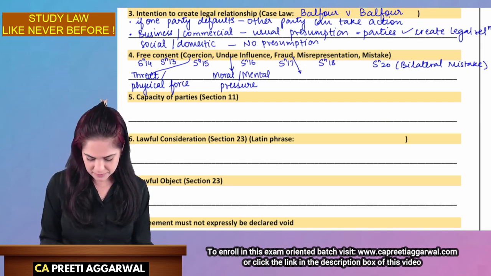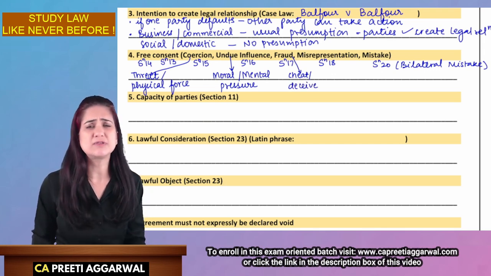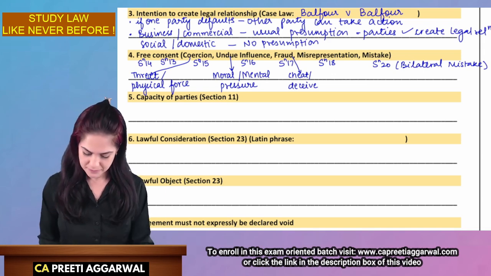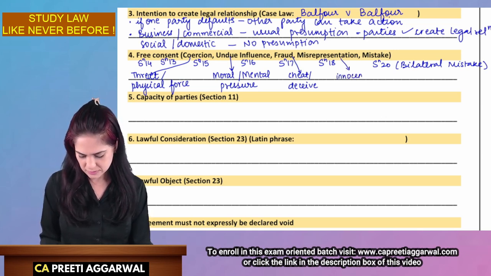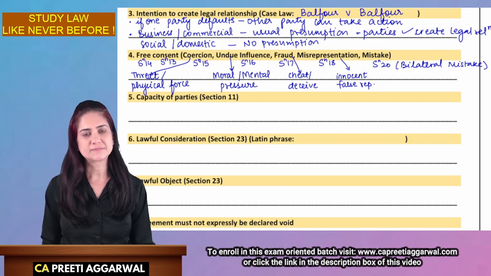What are my keywords in fraud? There is some false representation, or I can also write this: my aim is to cheat, to deceive the other party. I am giving false information intentionally. What is in misrepresentation? There is innocent, false representation of facts.